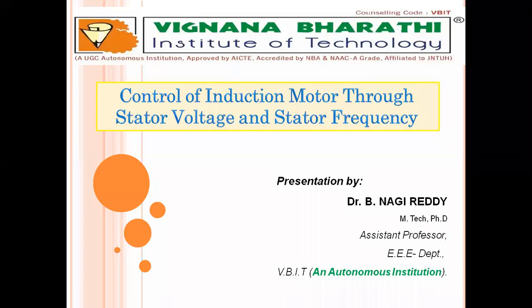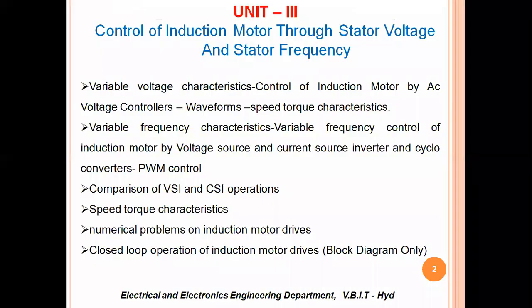Okay, so now let's see the contents of unit 3. These are the contents given in our syllabus. The first one is variable voltage characteristics. So we have to control the induction motor by keeping all other parameters constant, and the variable parameter is only voltage.